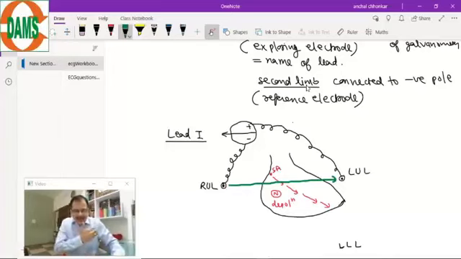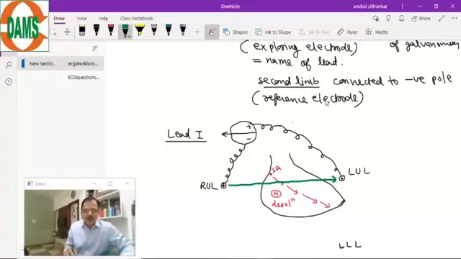So scientists kept the exploring electrode mainly on the left side or on the left lower leg, because we know the net movement of the positive ions is towards the left side. So we'll see mainly a positive fluctuation. This is the fundamental reason why the majority of the exploring electrodes are kept on the left side.